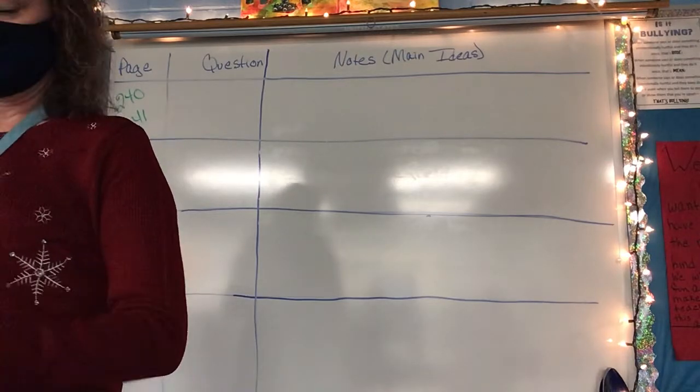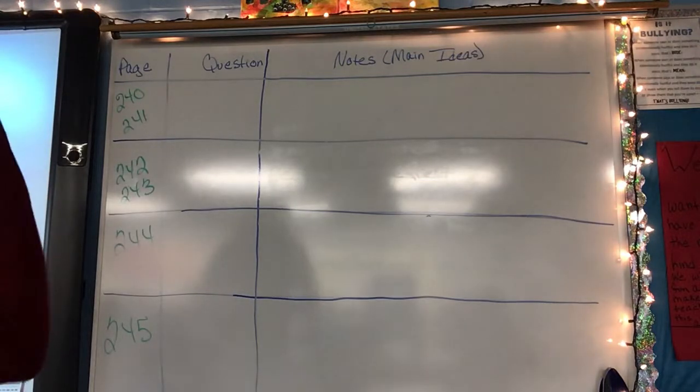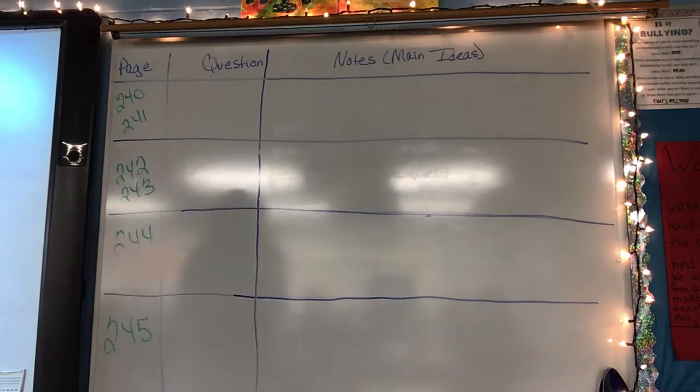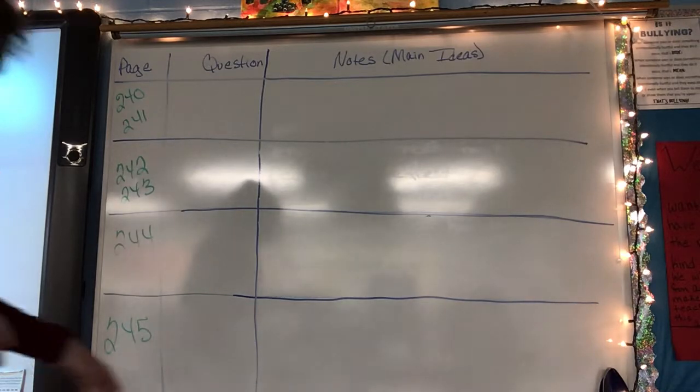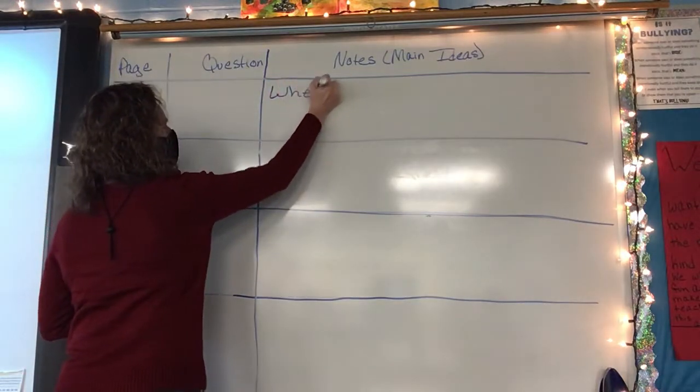What was it, John? So they grew wheat, corn, and rye.